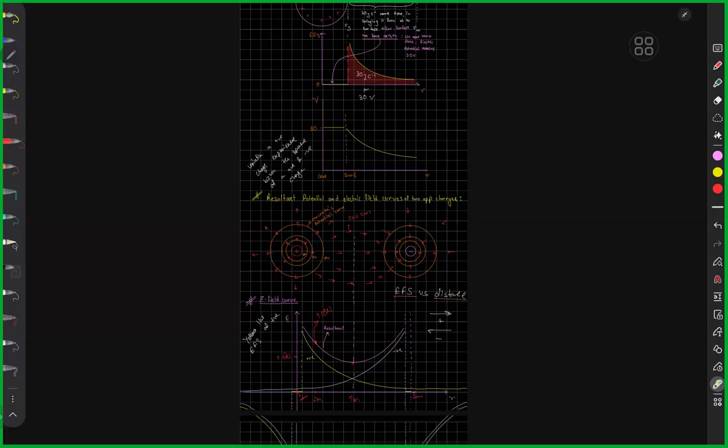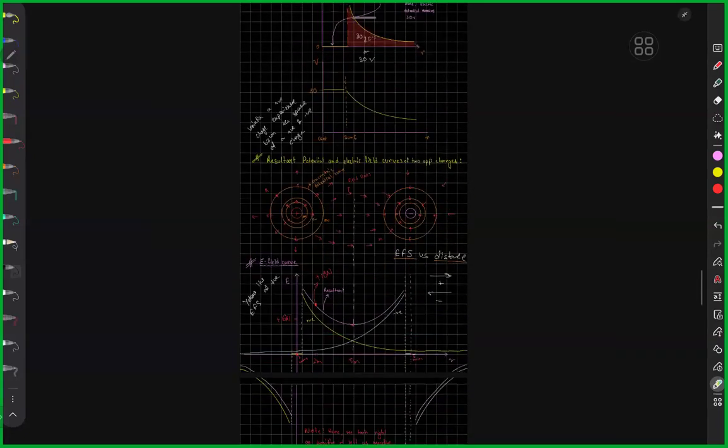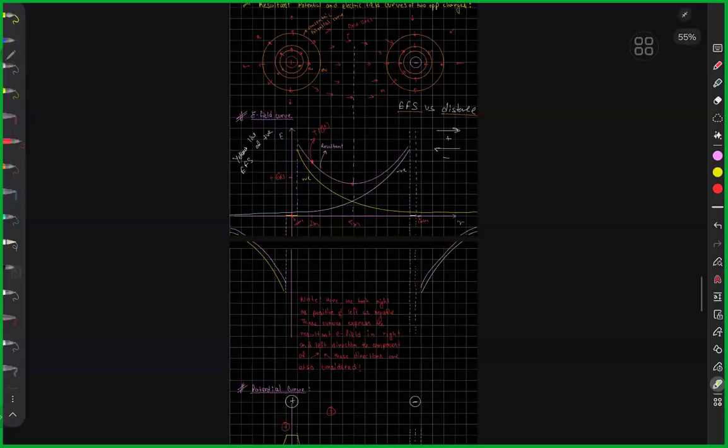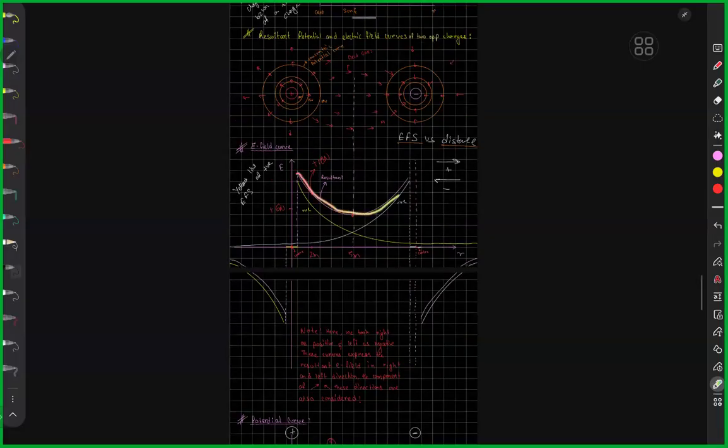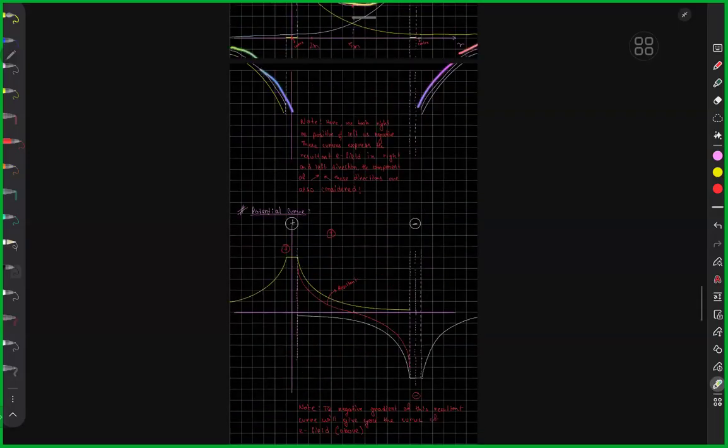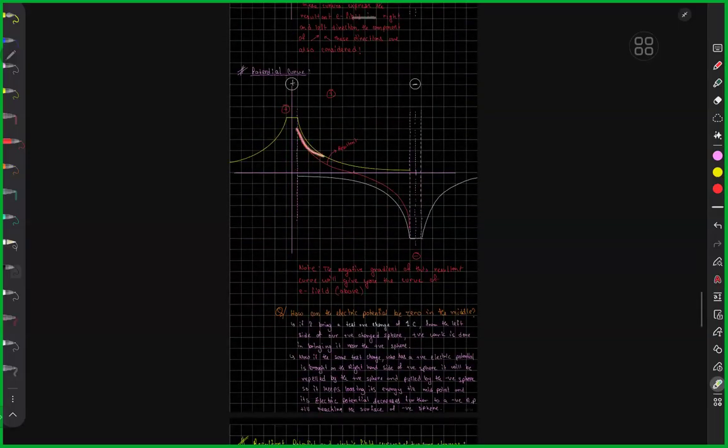What you guys are okay with is drawing the potential curves or electric field strength curves individually. The moment you added them up, you get this interesting shape for the electric field strength and for the electric potential. Comprehending that will take some time. That's all right. That's not a problem.